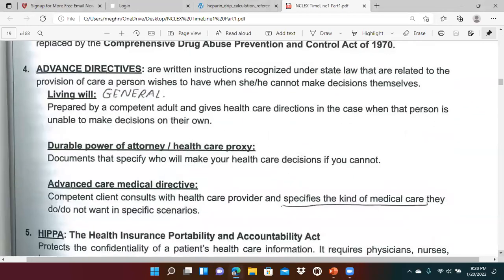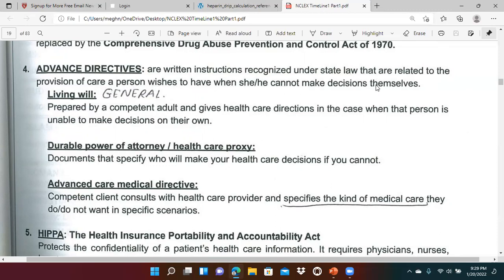Here we're going to talk about advance directives. What are advance directives, right? Advance directives are written instructions recognized under state law that are related to provisions of care a person wishes to have when she or he cannot make decisions by themselves.